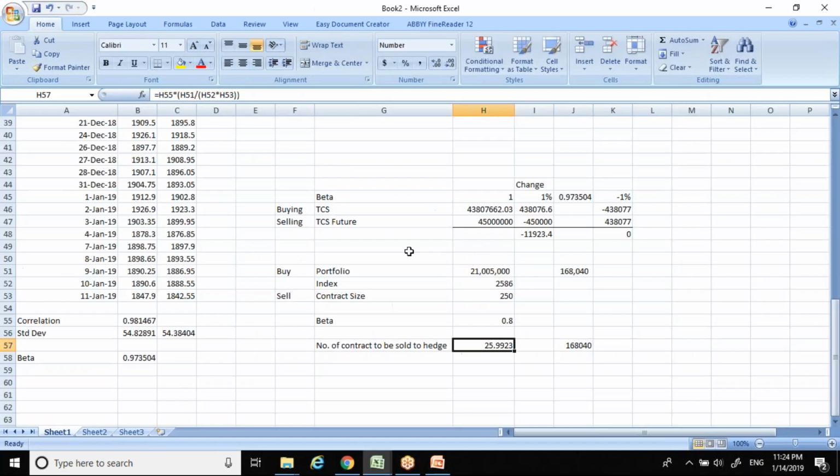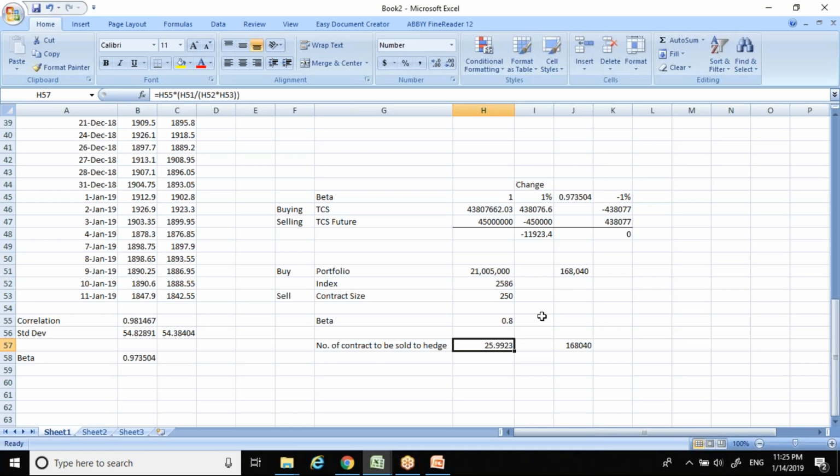So in this concept, let's suppose we have a current beta of 0.80 and we want a target beta of 1, then 1 minus 0.80. Now what will this give me? This will give me 0.